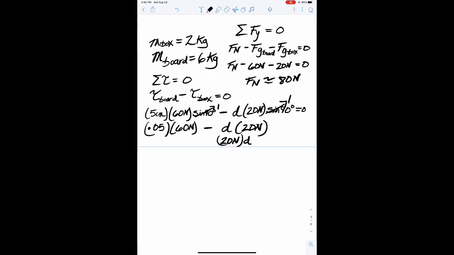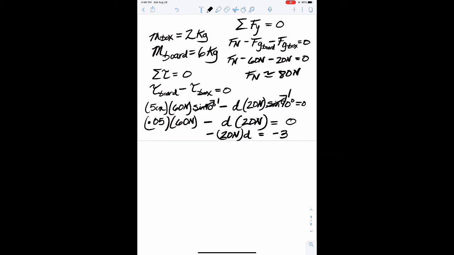Move the decimal 2 times. I think that's going to be 3. So we'll kick a negative 3 over to the other side. Whoops, let me see if I can redo that. So right here, this is still 0, and this is going to be negative 3.